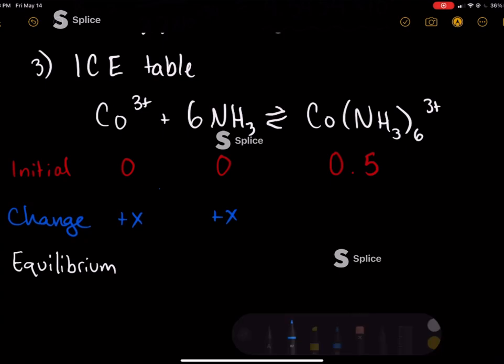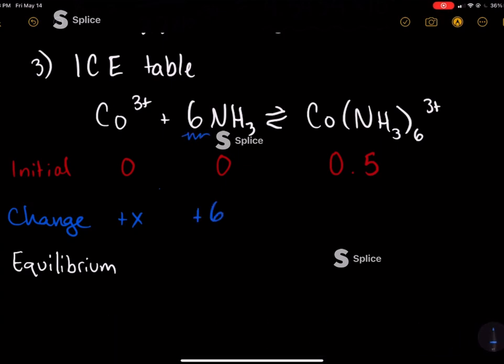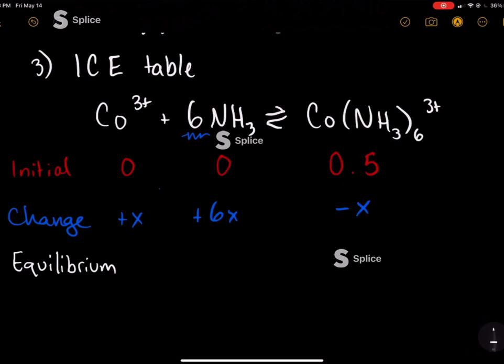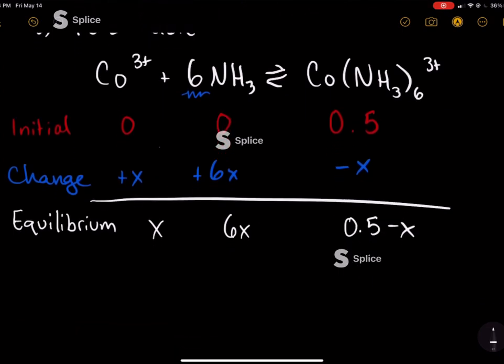Actually, for this one, we notice we have a funky little coefficient right there, so that's going to be plus 6x. And then for this one, we have minus x. Add those together, and we get x, 6x, and 0.5 minus x.